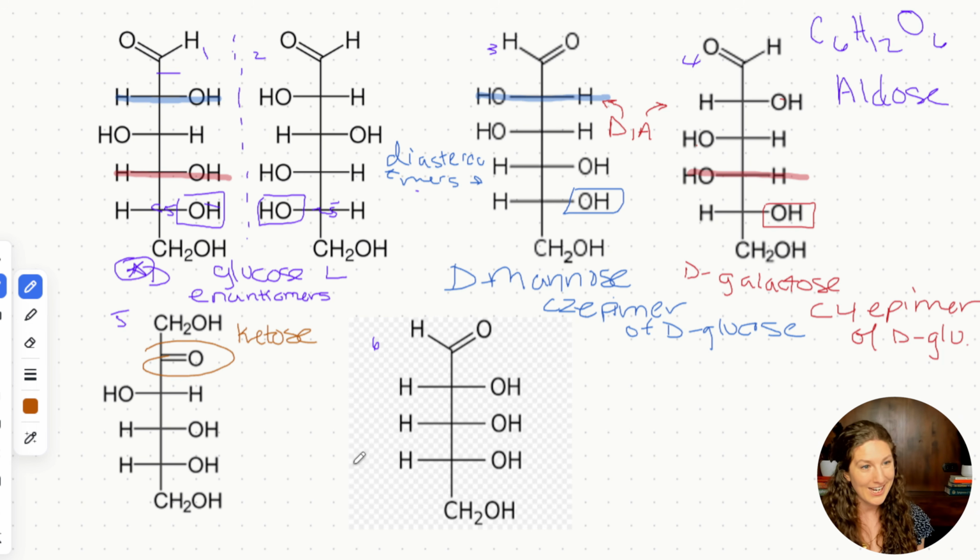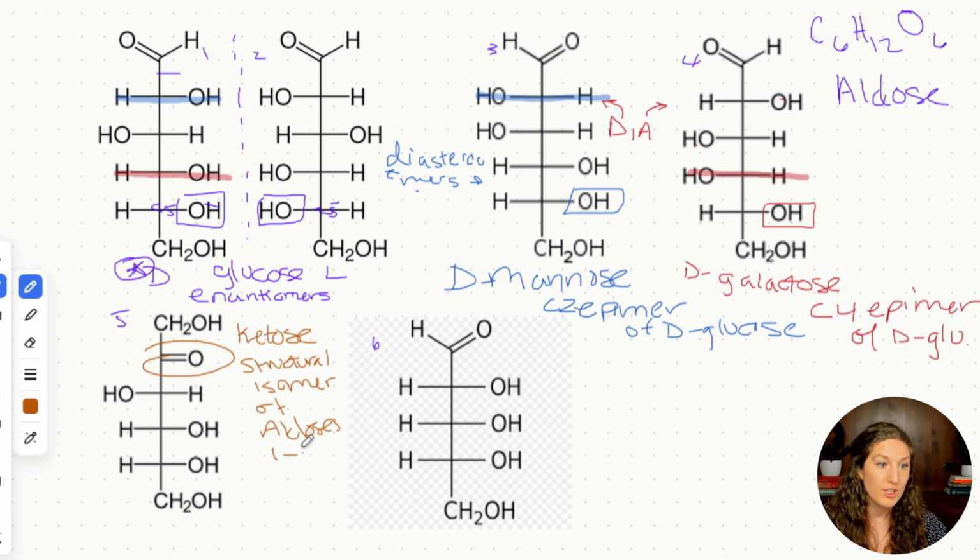It has a different IUPAC name. That means that this sugar is what we call a structural isomer, also known as constitutional isomer, of sugars 1 through 4. So these are structural isomers, which means they have a totally different functional group, different name, right? It's not just different connectivity, but they still have the same molecular formula.